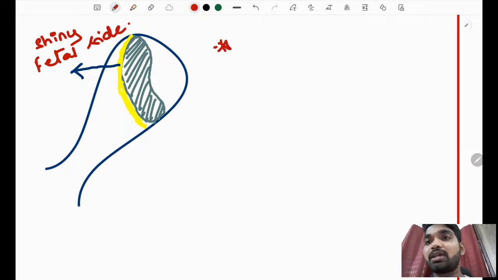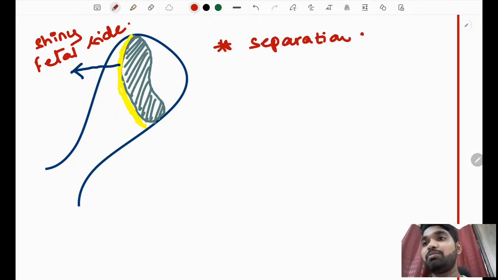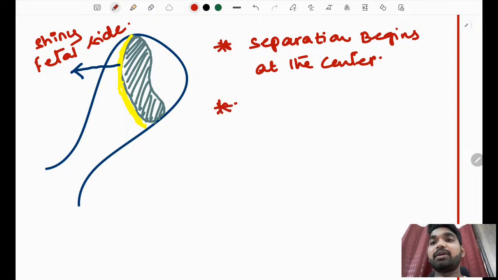Here the placenta is getting separated from the center. So separation begins at the center of the placenta, and since the separation of the placenta is starting from the center, the blood will not come out, and the blood is not visible.